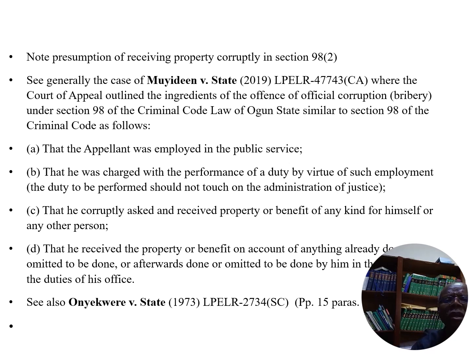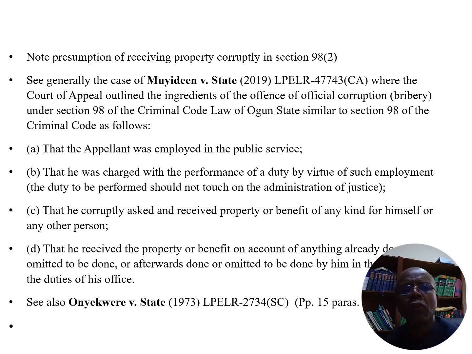So all the prosecution needs to prove is, number one, that the defendant is a public officer. Two, in the course of his official duty, he asks, demands, obtains, or attempts to obtain a property or benefit of any kind. And the mere receipt raises the presumption that the receipt was corrupt.